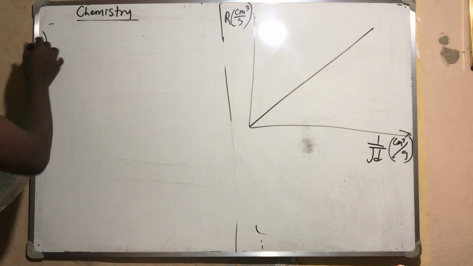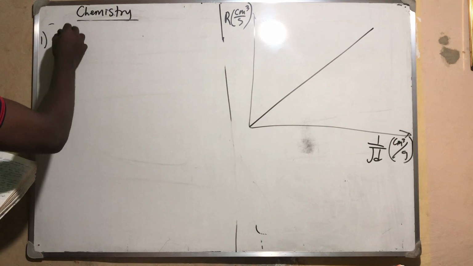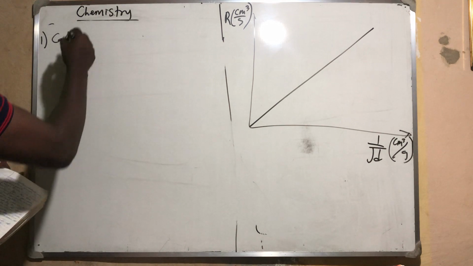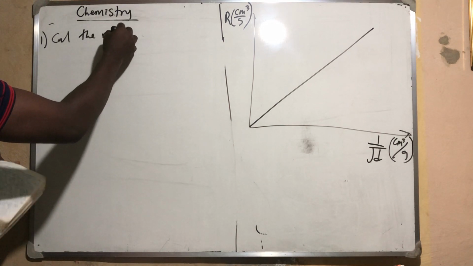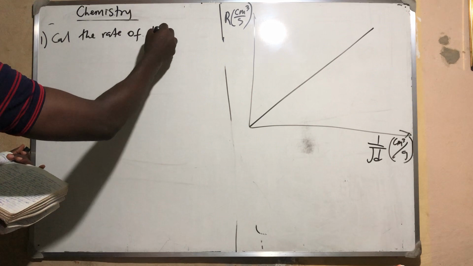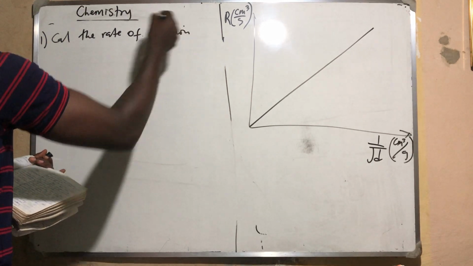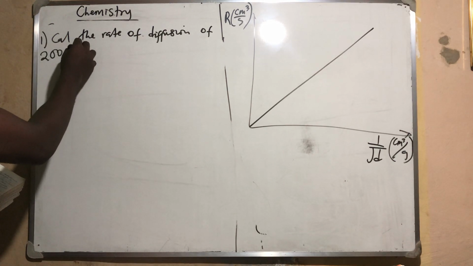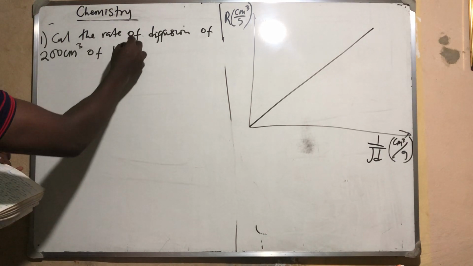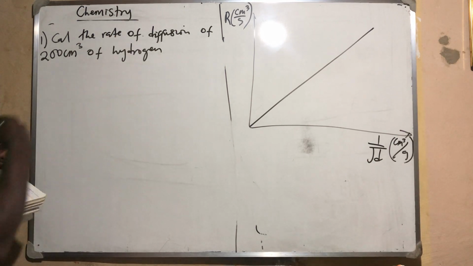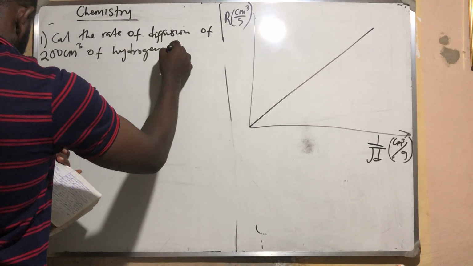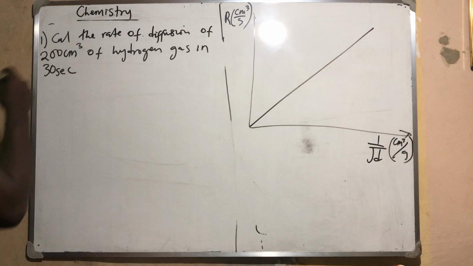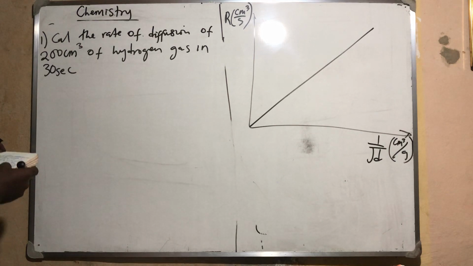Number one said, at constant temperature and pressure, calculate the rate of diffusion of 200 cm cube of hydrogen gas in 30 seconds. All right.